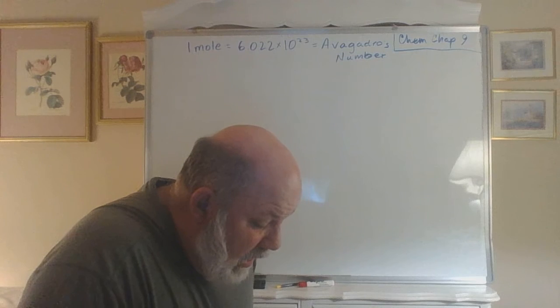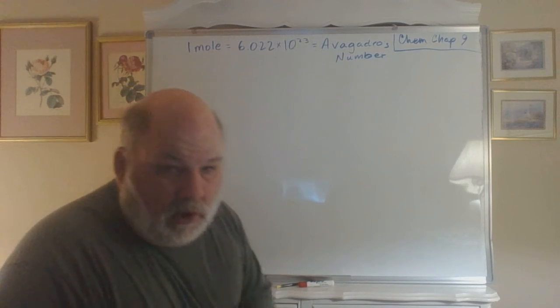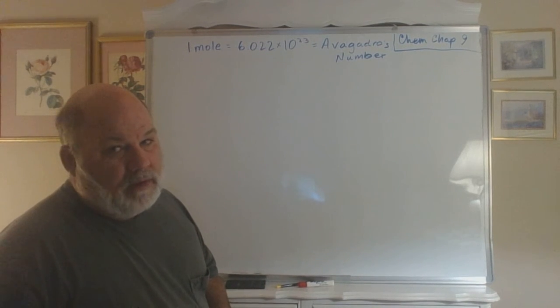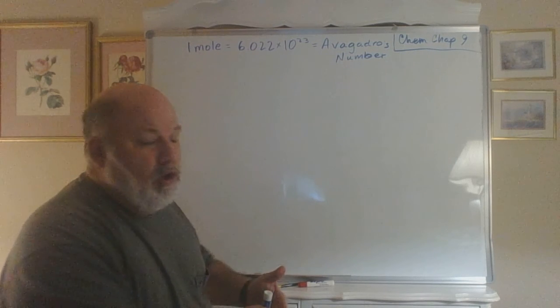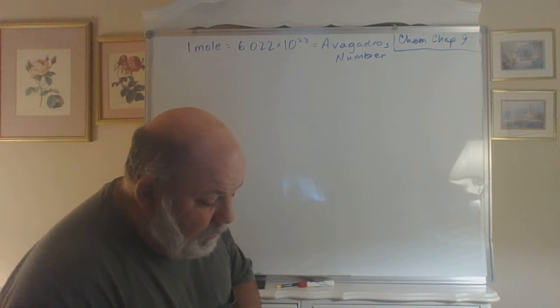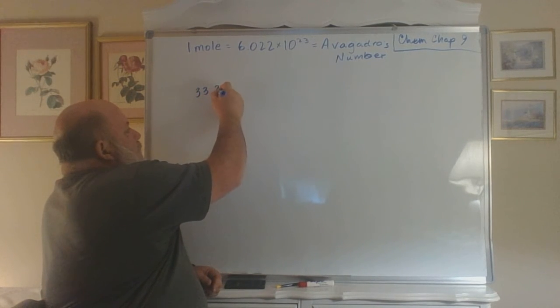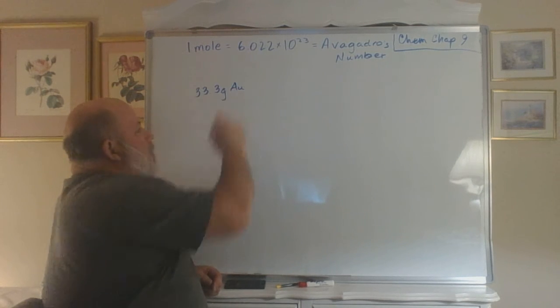It says, how many atoms are in 33.3 grams of gold? In almost all of these problems, whatever they give you, you have to find out how many moles there are first. Okay? Well, they do you a disservice in this one. They say 33.3 grams of gold.